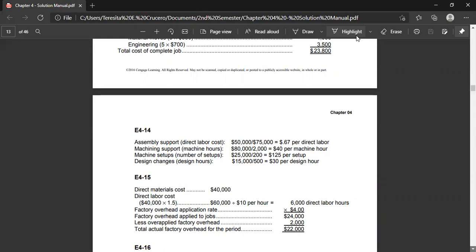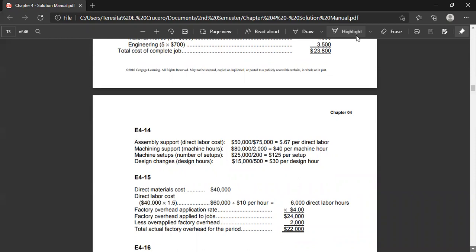So we have the cost pool where you have your cost drivers and the reasons why cost exists. We have the cost pools, including the assembly support, the machining support, machine setups, and design changes.